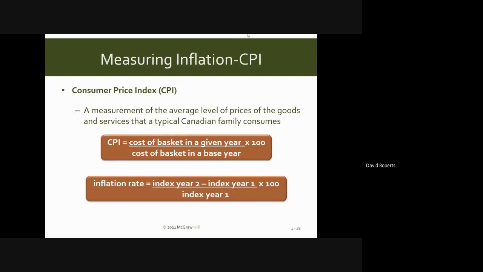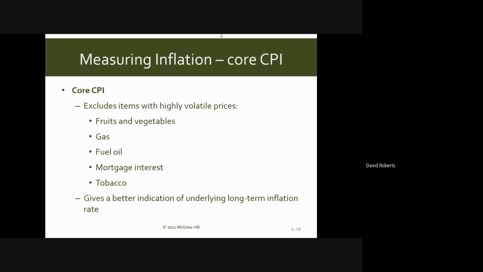So again, you compare everything to a base year, and then they usually adjust it about every decade or so. So they take that to determine the inflation rate. Core consumer price index excludes highly volatile prices. Fruits and vegetables can vary quite a bit throughout the year because of seasonality. Gas prices go up and down, very volatile.